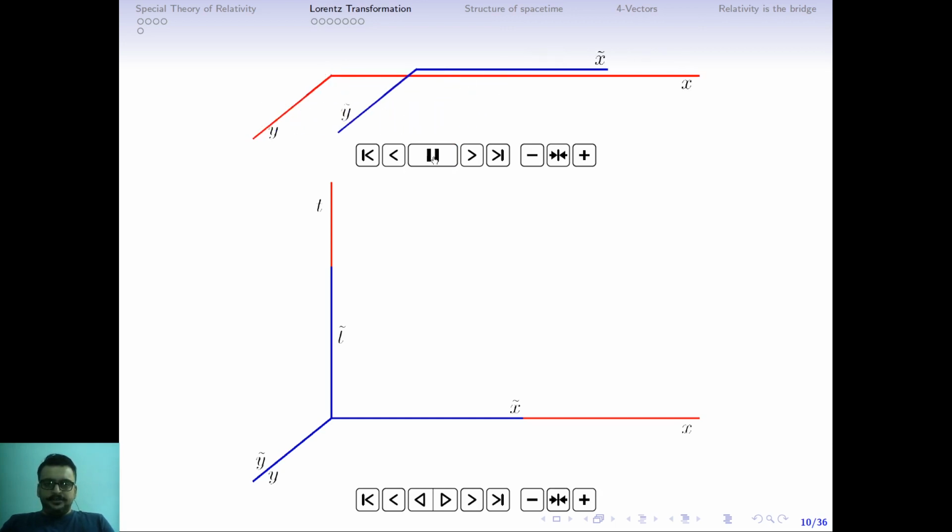Let me just pause this here and take you step by step. Initially both of these frames are coinciding. Then next instant of time this moves forward, and another instant of time it moves forward, and so on.